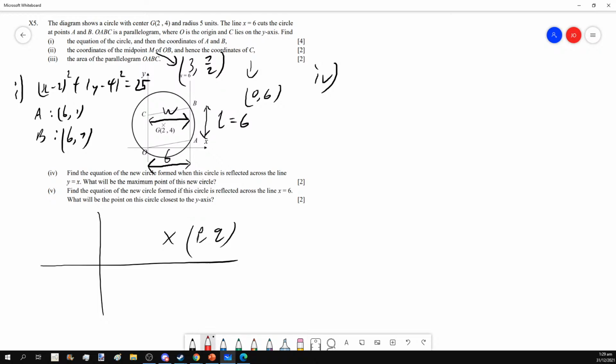The first reflection is across the x-axis, and what this results in is that the y coordinate will be negated. The second possible reflection that is common is to reflect across the y-axis, and this will actually negate the x coordinate. Alright, so it'll be somewhere over here.